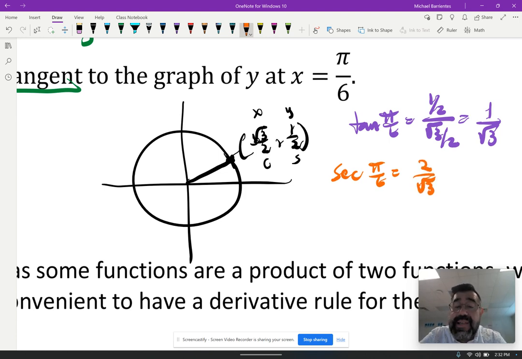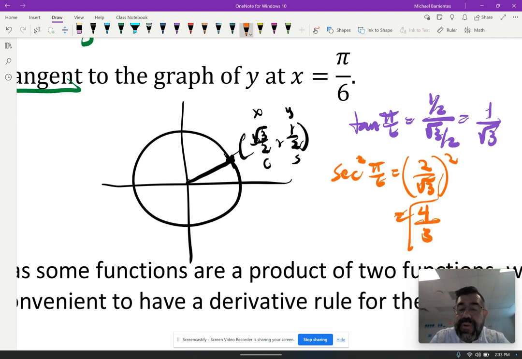But we didn't want secant pi over 6. We wanted secant squared of pi over 6. Whenever the power is in between the trig and the angle, that means we're squaring everything. So if I square everything, that means I'm squaring this whole thing. And if I square this whole thing, that means I'm squaring the top and I'm squaring the bottom. So 4/3 is the value of secant squared pi over 6.